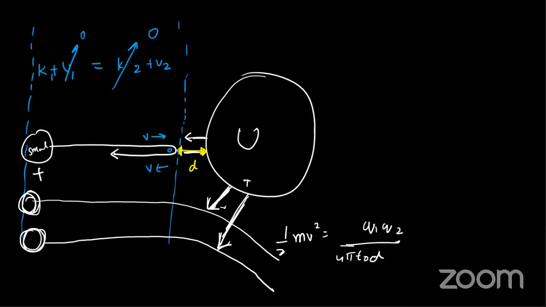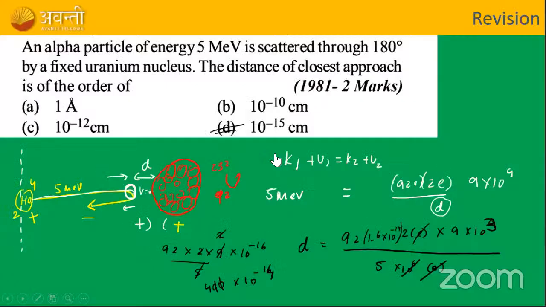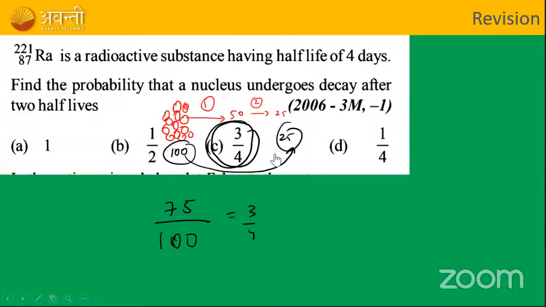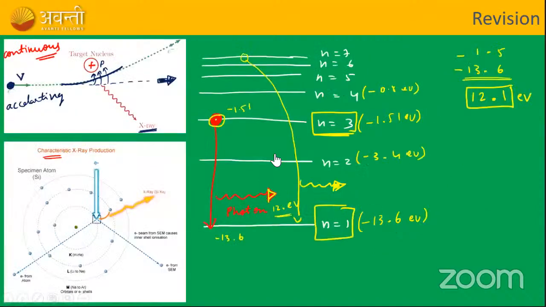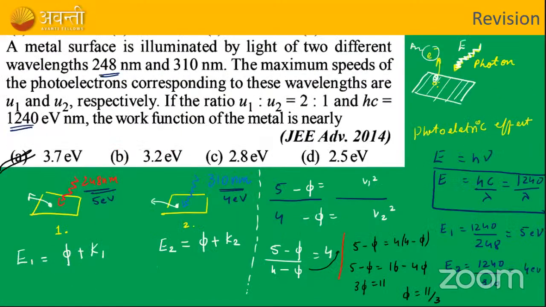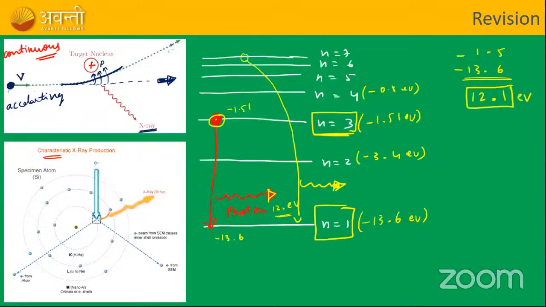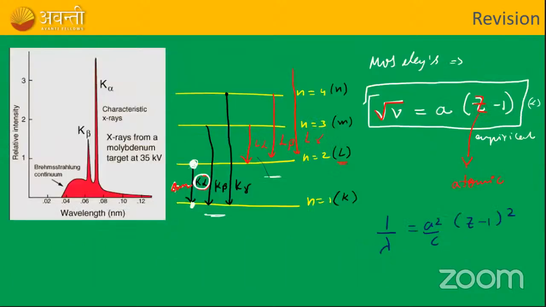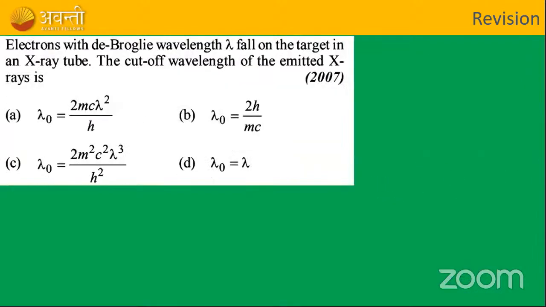All clear, students? So today we discussed a lot of things. Any doubts? If no doubts, I'll end the stream. We started with activity, then we understood the photoelectric effect. We understood how to create X-rays. We understood Moseley's law and solved some problems on it.